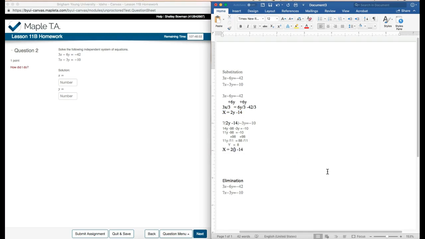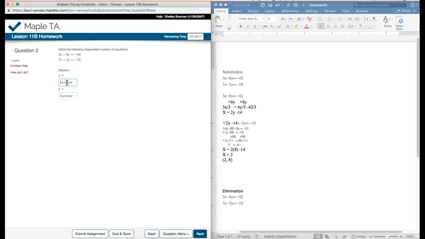And in this case, I only have one number, so I'm going to put in the 8. So x equals 2 times 8, which is 16. 16 minus 14 is 2. And that tells me that my ordered pair, where these two lines will intersect, is x equals 2, y is 8. So the ordered pair is 2, 8.